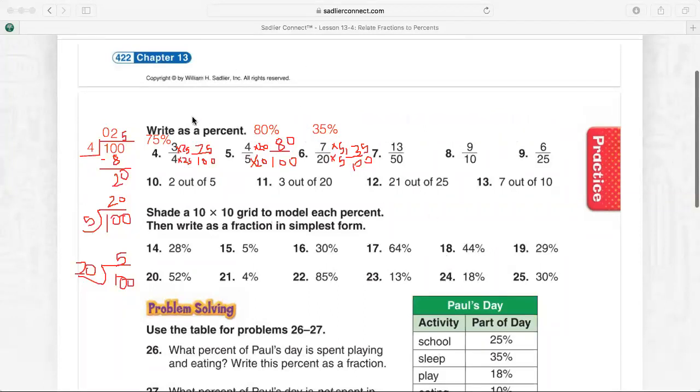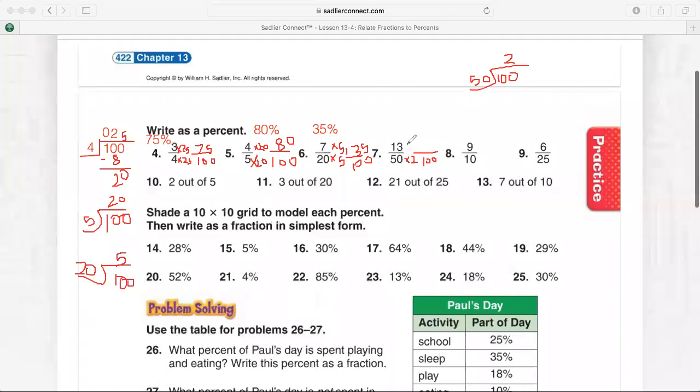Again here, I don't have a denominator of 100. So I'm going to divide what? I'm going to divide 100 by 50. Very, very important. So it will be 2. Here you can guess 50 multiplied by 2 is 100.